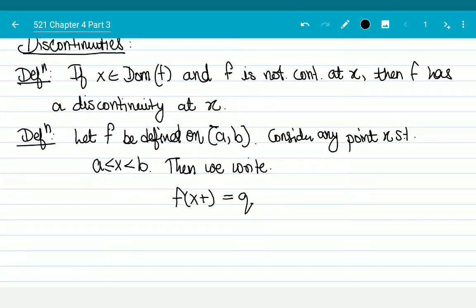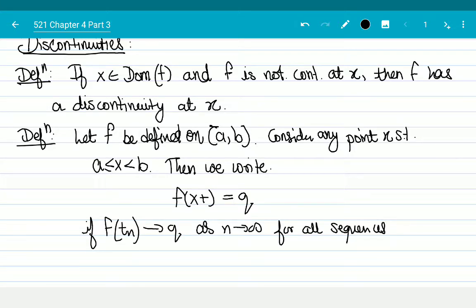This is the book notation. You might have seen alternate ways of writing this. If f of tn approaches q as n approaches infinity for all sequences tn in (x, b) such that tn approaches x.